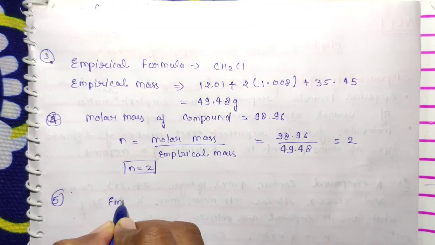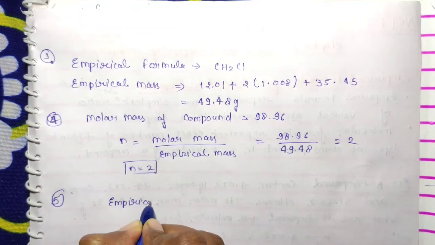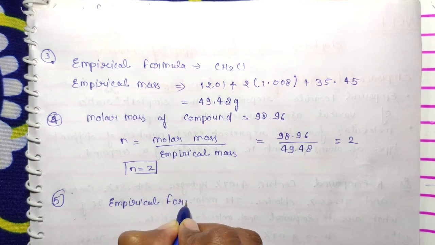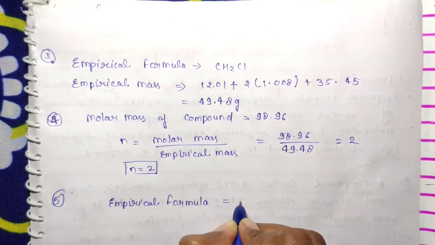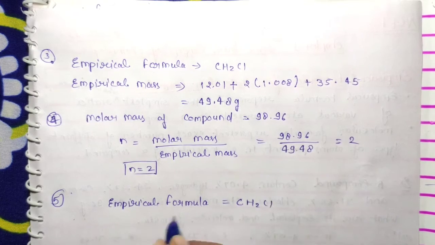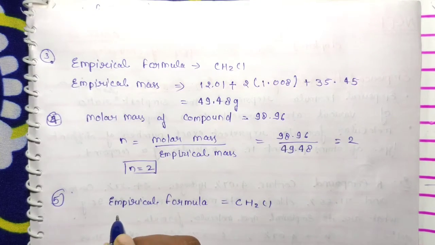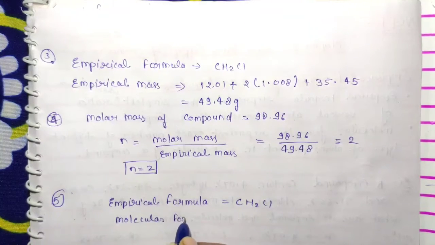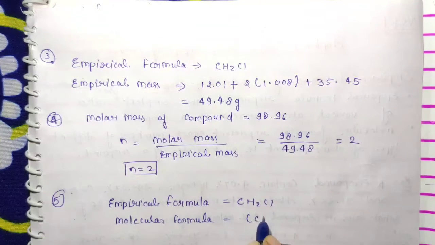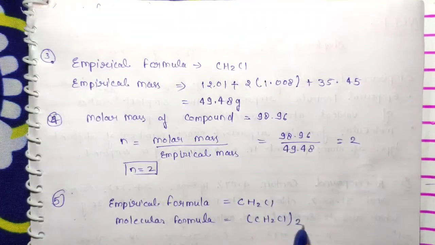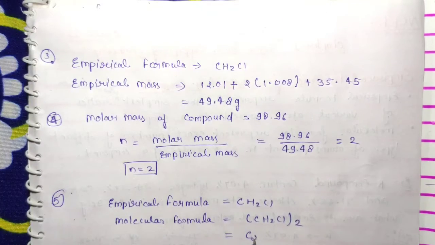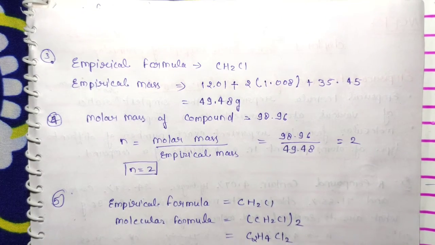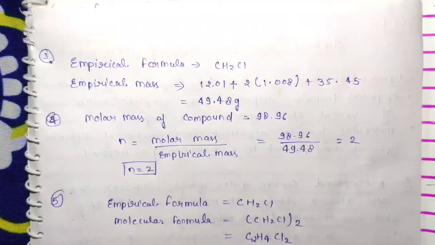Empirical formula is CH2Cl, and we will get molecular formula: multiply this CH2Cl by 2, C2H4Cl2. This is the molecular formula of the compound.